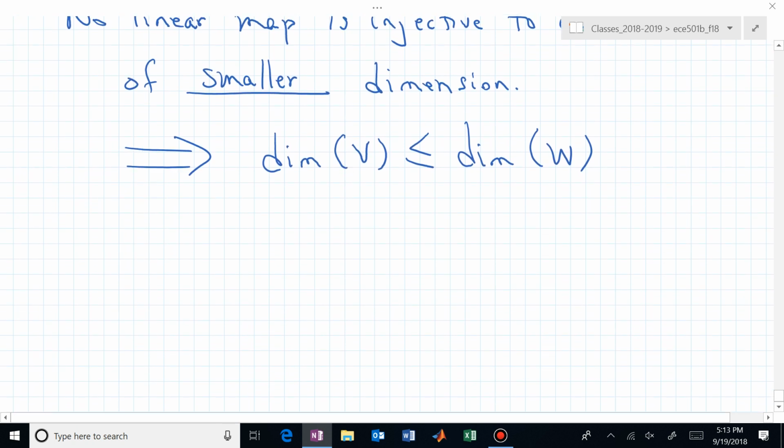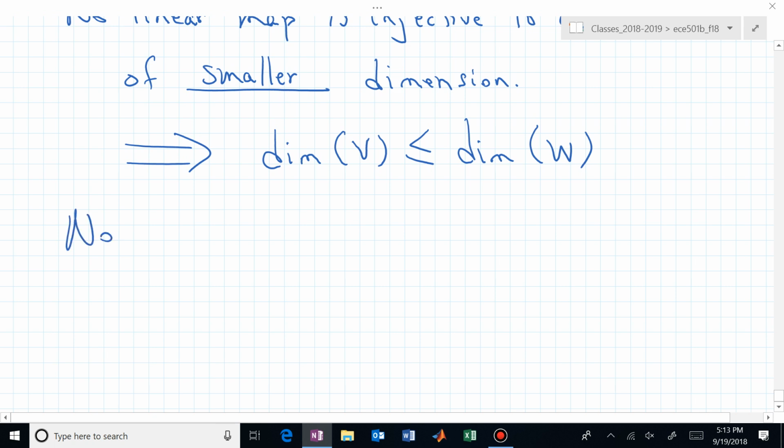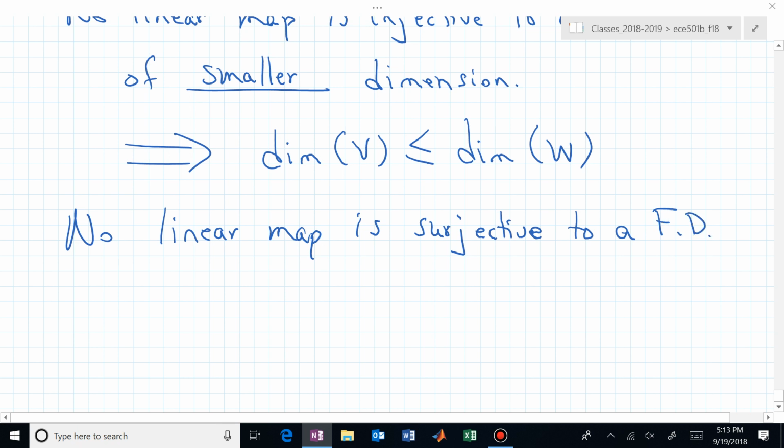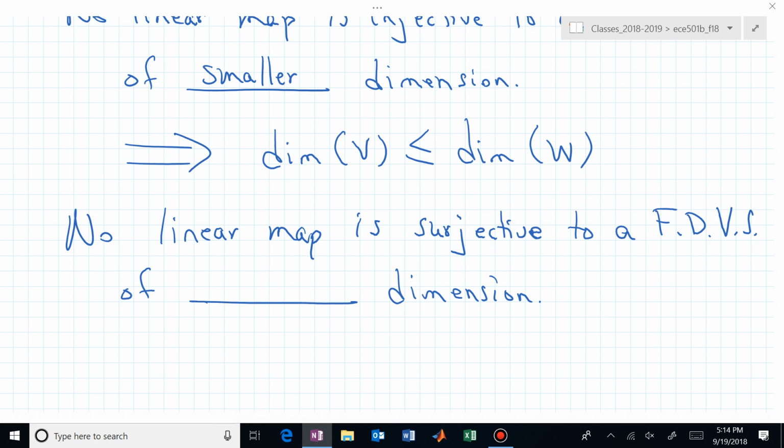Okay? So now, if we use the same sentence structure, no linear map is surjective to a finite dimensional vector space of blank dimension. So if we want a surjective map, that map needs to go, not consistent with my sentence.